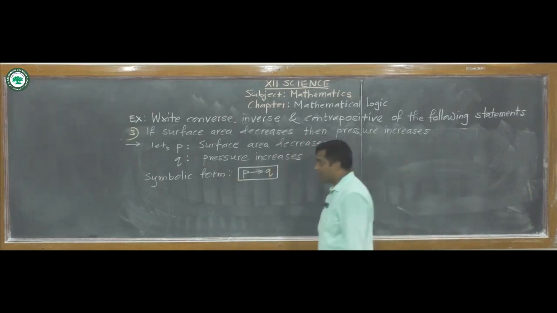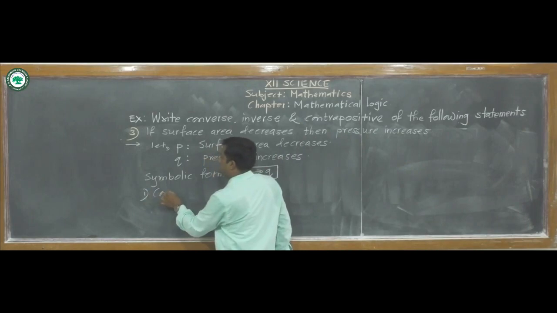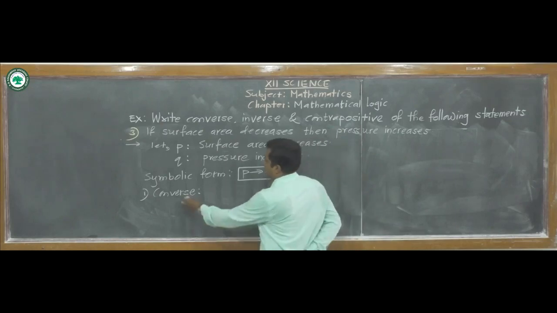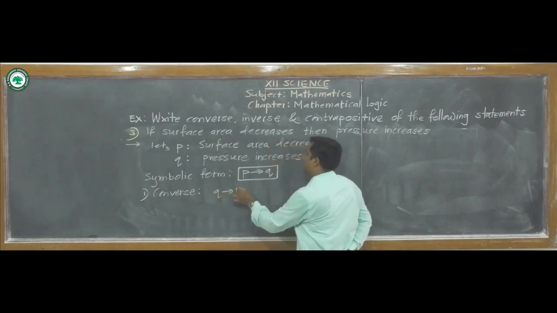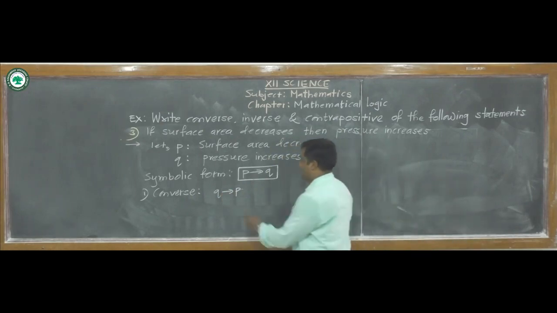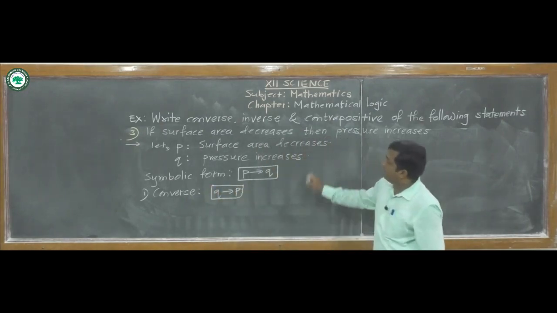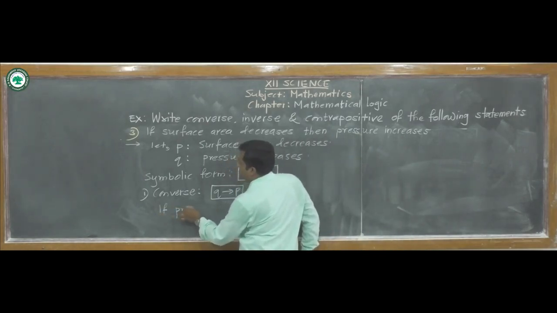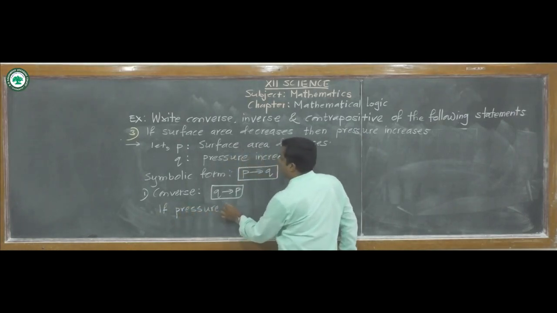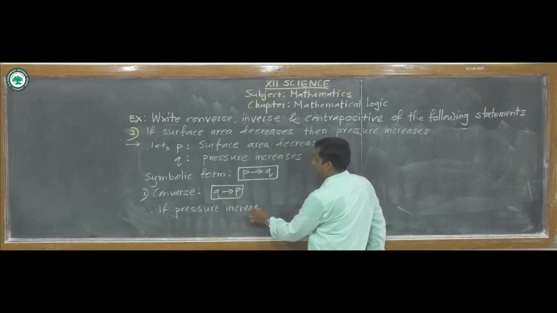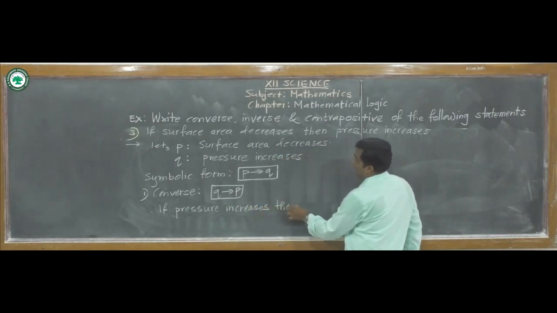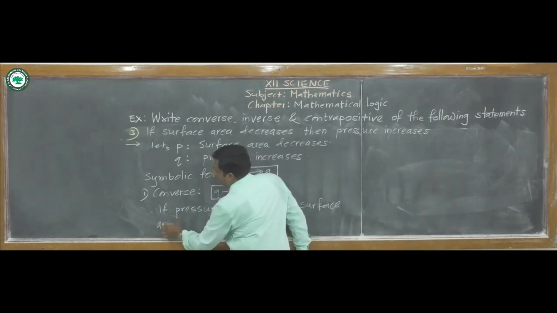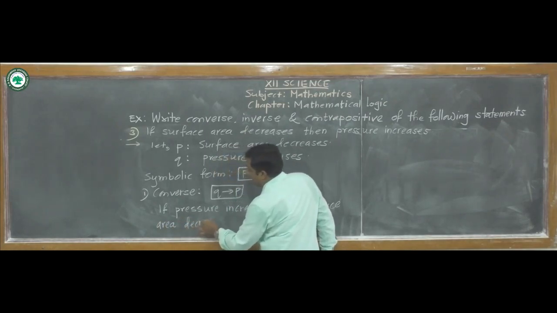Now we define the converse first. If P implies Q is the given relation, then its converse is Q implies P. Then using this Q implies P, we write our statement as: if pressure increases, then surface area decreases.